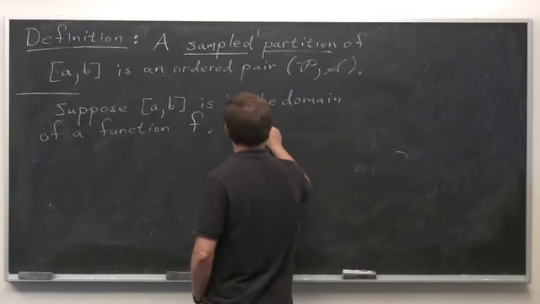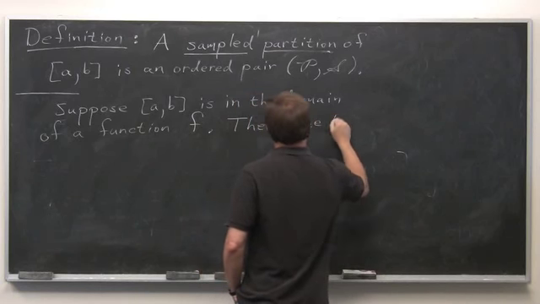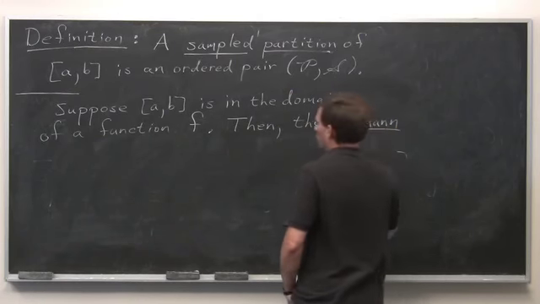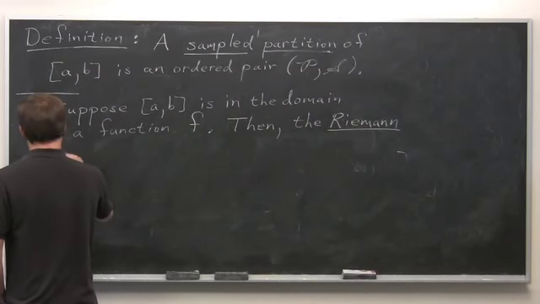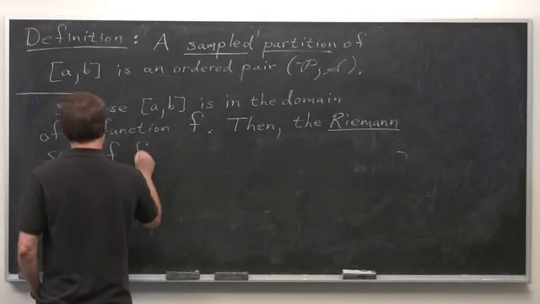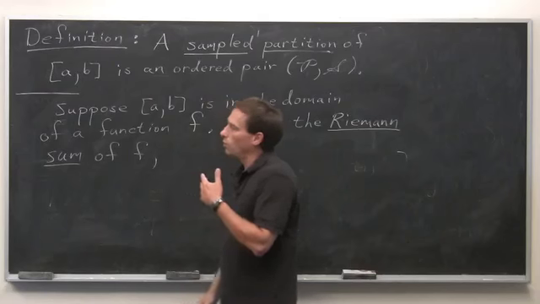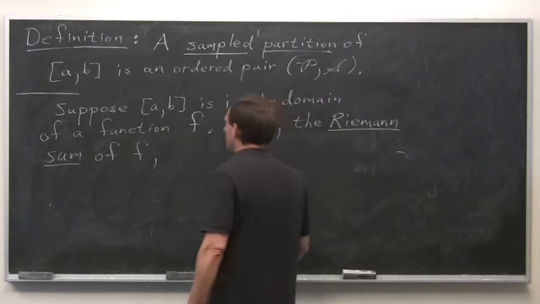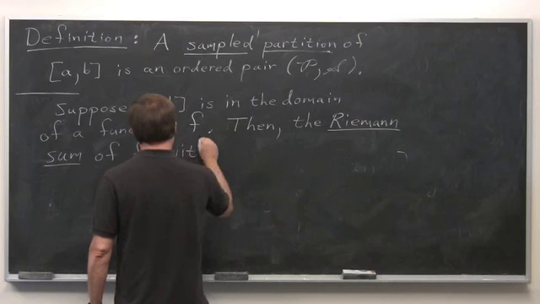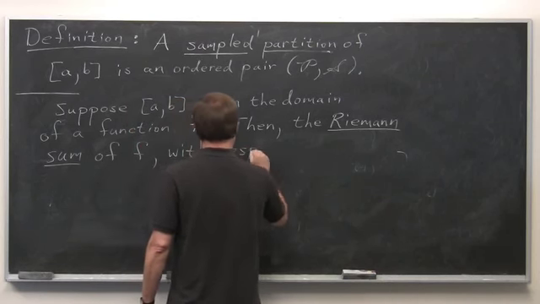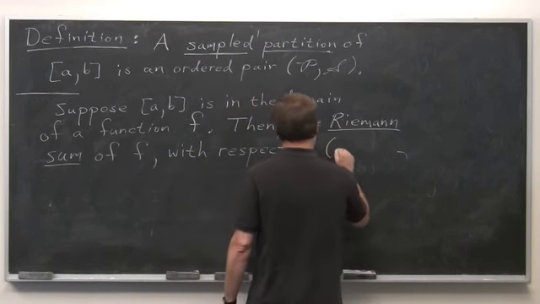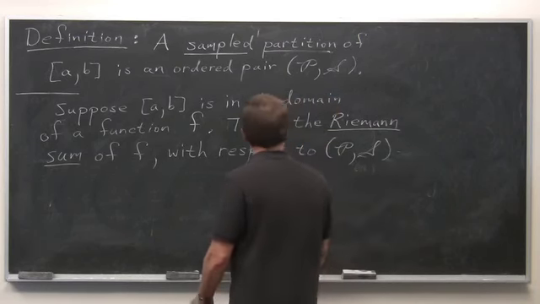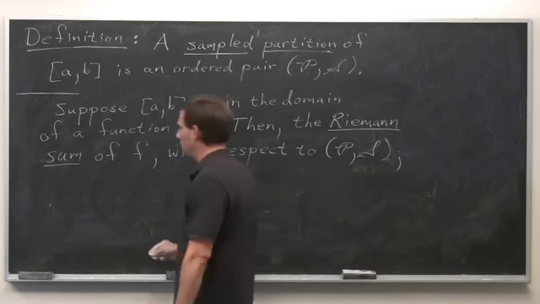Then the Riemann sum, and this is going to be our approximation to continuous sums. The Riemann sum of f, using the data that we have from the partition and the sample points, the Riemann sum of f with respect to P and S, or just the pair, is what?